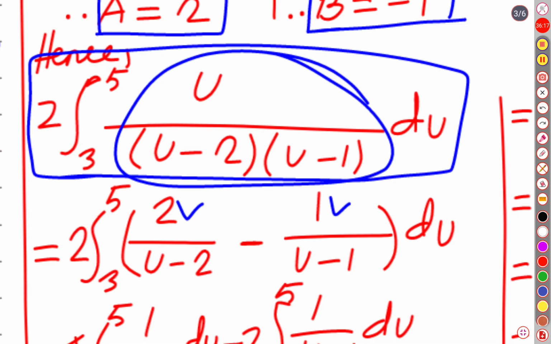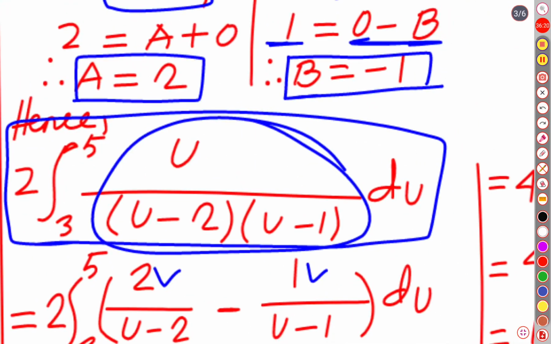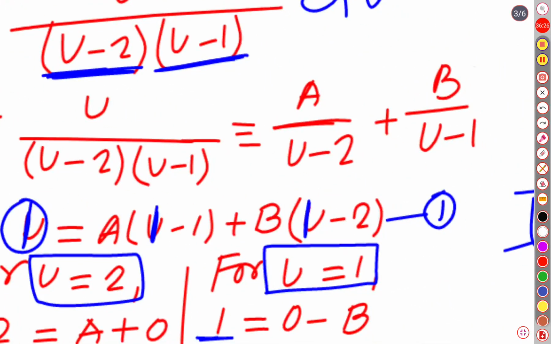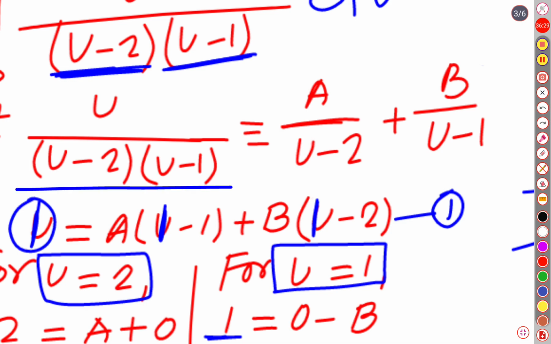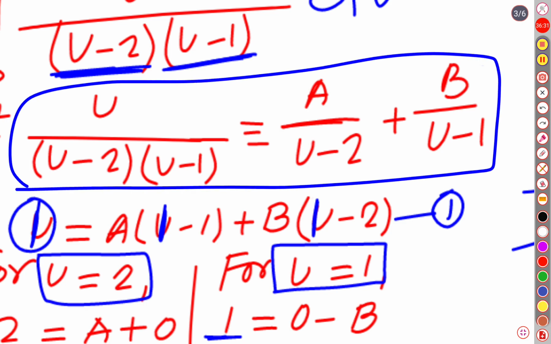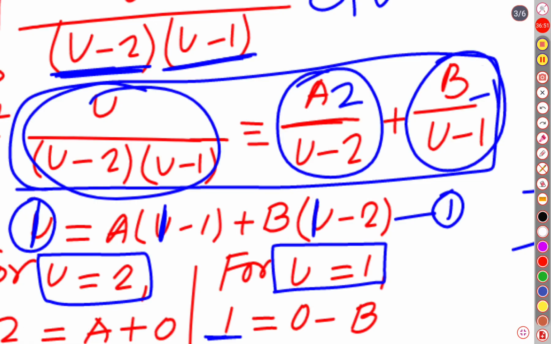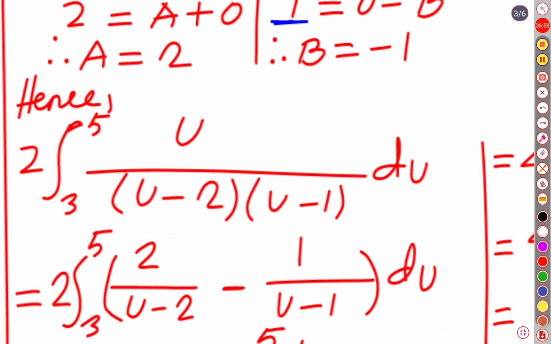So u over u minus 2 into u minus 1 is equal to a over the first factor plus b over the second factor, which is 2 over u minus 2 plus minus 1 over u minus 1.